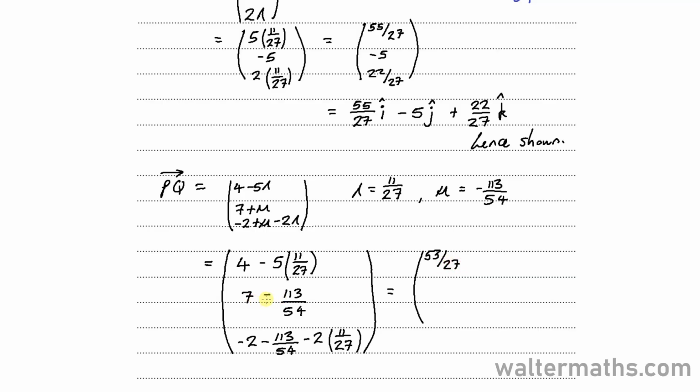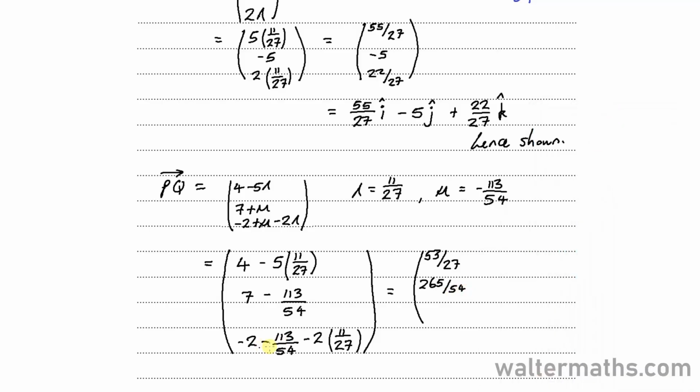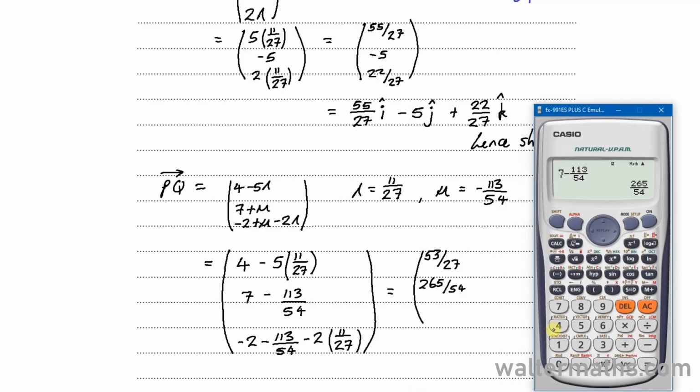And we have 7 minus 113 over 54, and that's 265 over 54. Then the last one, we have minus 2 minus 113 over 54, and it's minus 2 of 11 over 27. So we get minus 265 over 54.